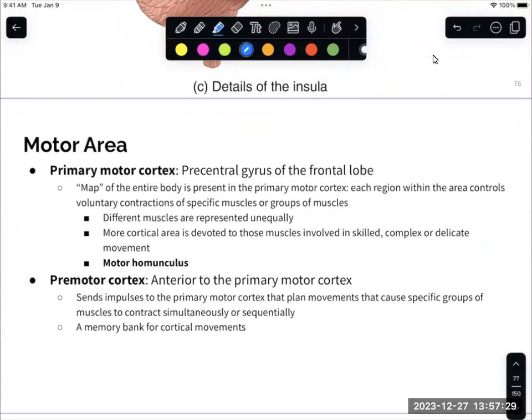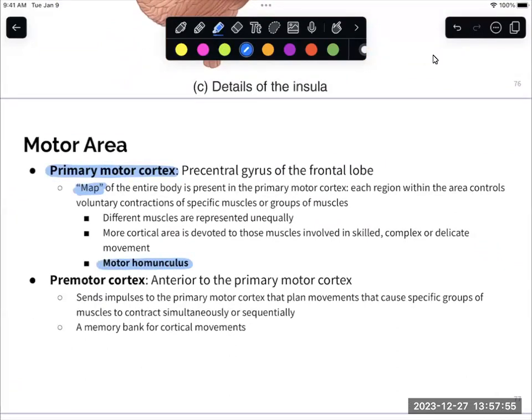Our motor areas. We have a primary motor cortex. And again, just like on that sensory portion, where we have a sensory homunculus, which has the entire body present on that one region, we have a motor homunculus that again has every body part on it.